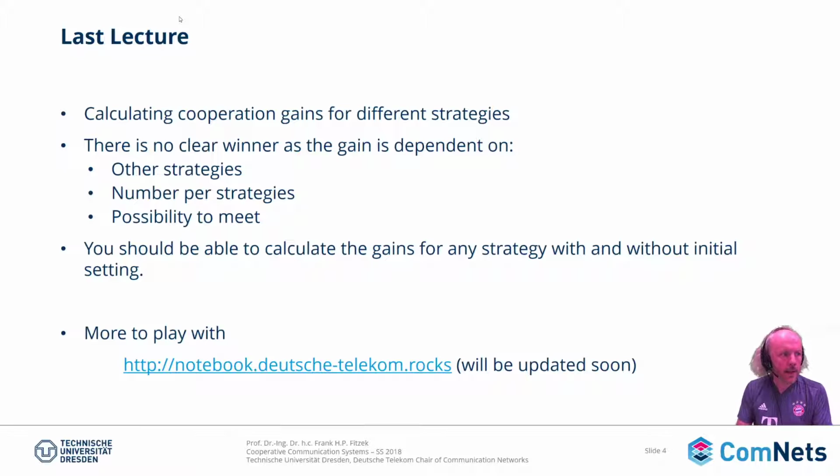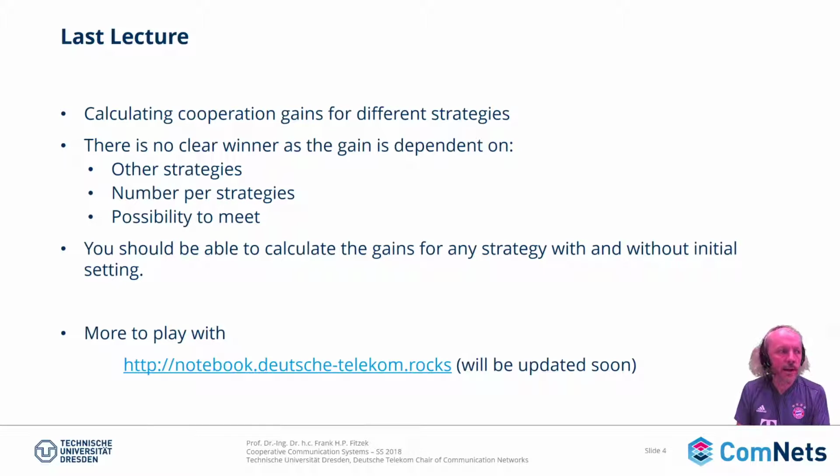And as I said before, the last lecture was about calculation of cooperation gains for different strategies. We had cooperative strategies that will always cooperate, strategies that play certain strategies like tit for tat, or even strategies that do not cooperate at all. We compared these strategies, and there's not a clear winner.